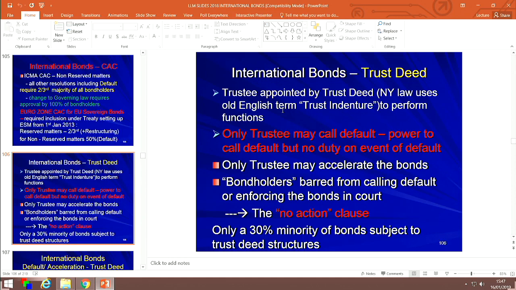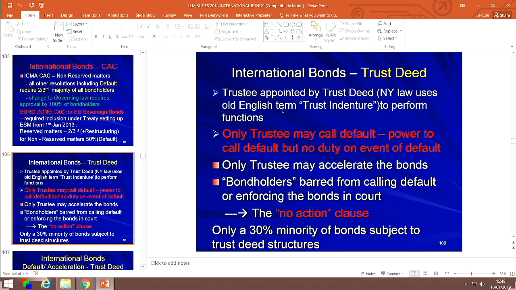This is called the no action clause. Bondholders are barred, very important, are barred by a specific clause in the trust deed and the bond instrument from A, calling default, B, accelerating the bonds once default is called, and C, taking any enforcement action. They're barred, prohibited. Only the trustee can do any of these things.